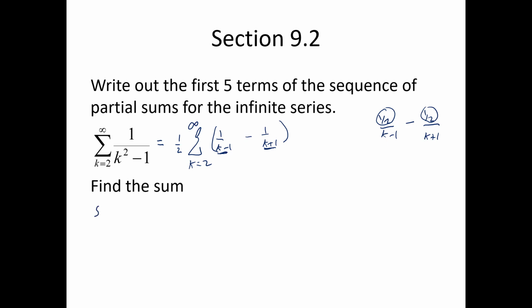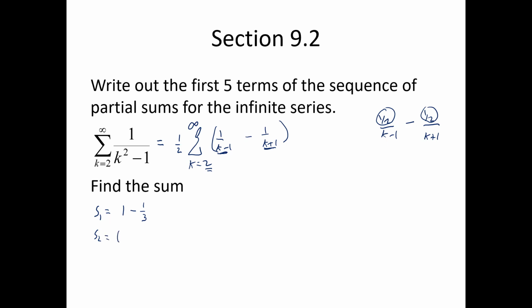So the sequence of partial sums: you're starting at 2, and you put in your 2 into your formula, and 2 minus 1 is 1. You get 1 minus 1/3. Don't clean it up, just leave it alone.